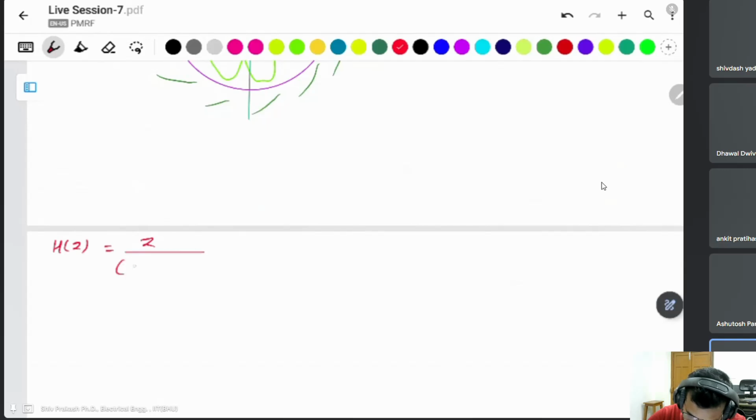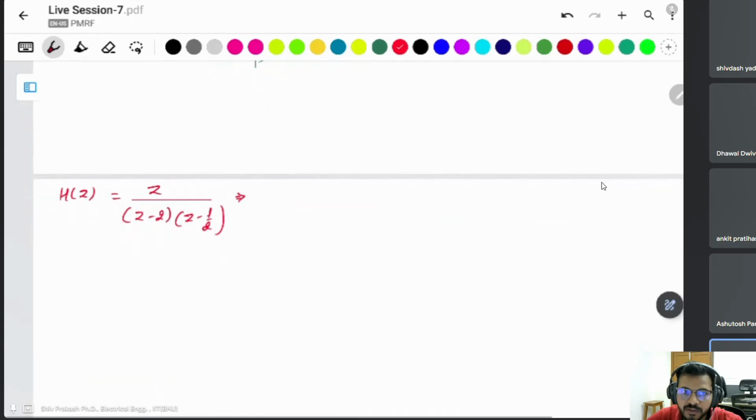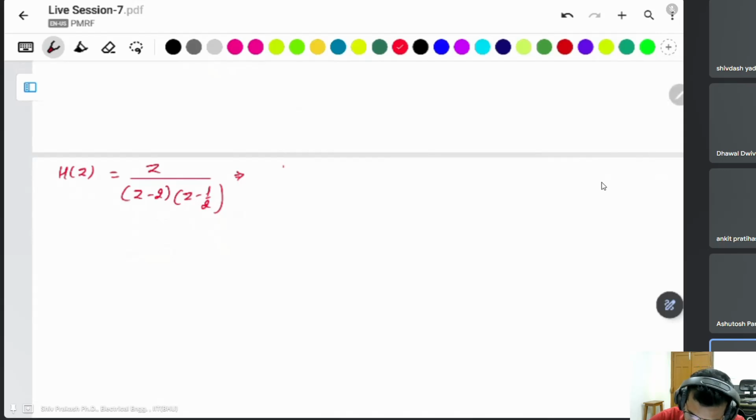Take this system z over (z minus 2)(z minus half). For simplicity, you should take z as common, so the denominator of the system will be 1 divided by (z minus 2)(z minus half).